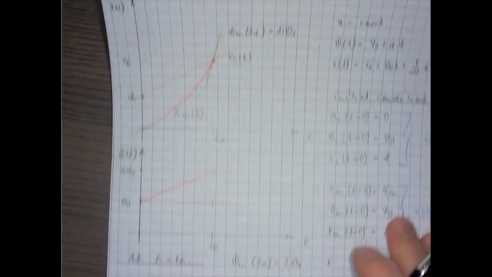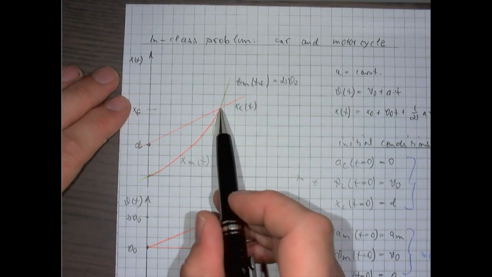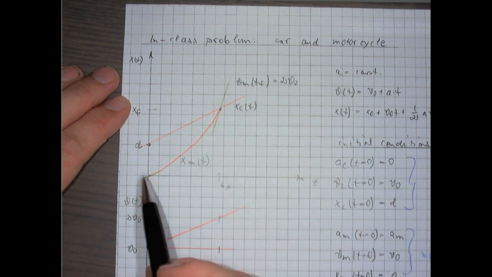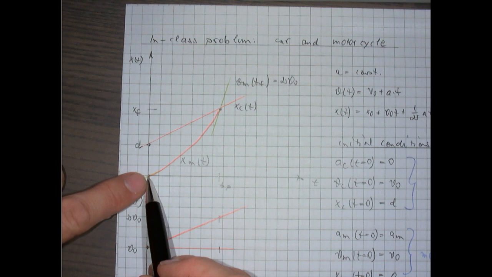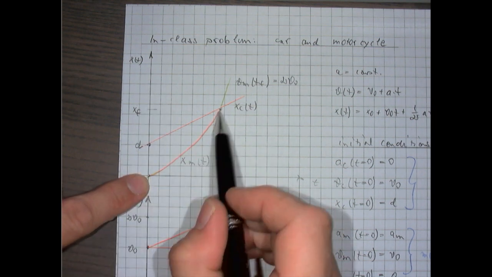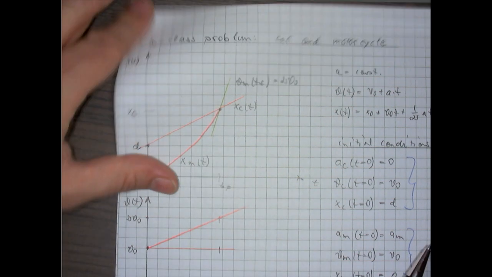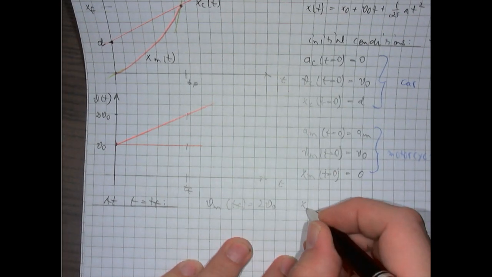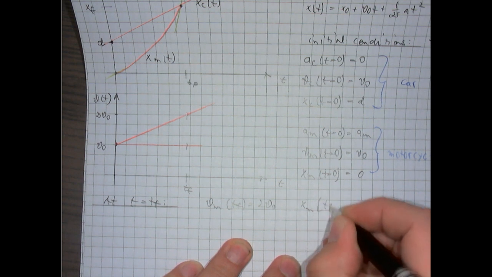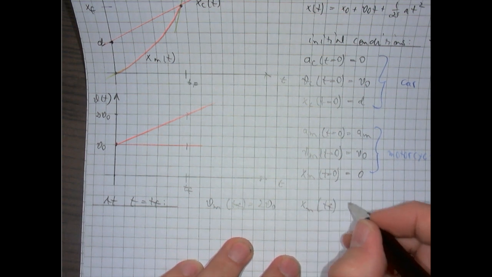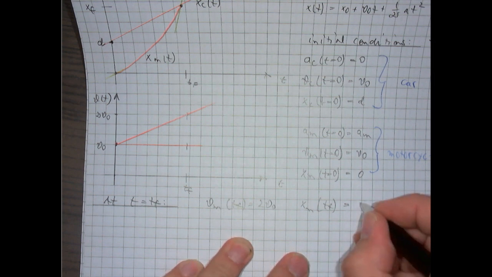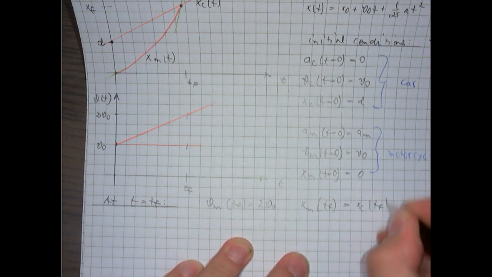And when they meet, the location of the motorcycle and the location of the car, relative to where they began from in that coordinate system, they come together here. So therefore these functions have to be identical at that time t_f: x_m of t_f equals x_c of t_f.